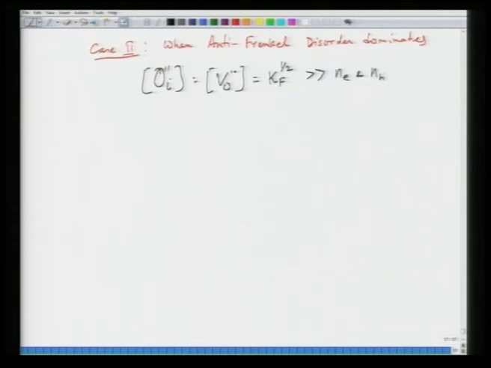So, that is the case under stoichiometric condition. Now, since OI and VO are independent of partial pressure of oxygen, in the defect reactions, I have to work out what is Ne and NH.